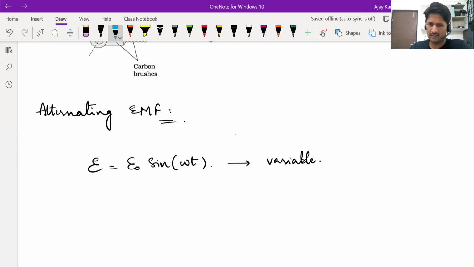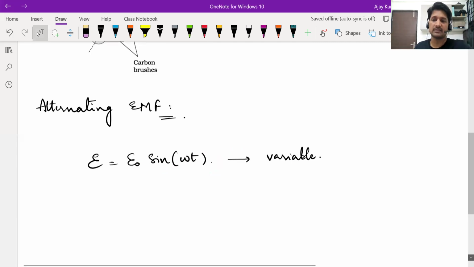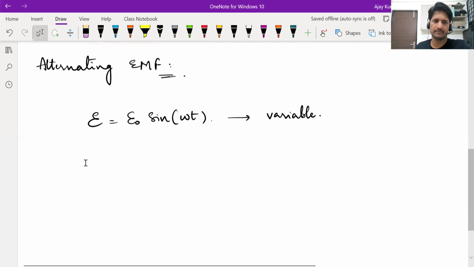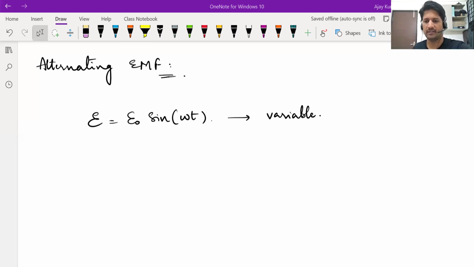Generally, from mathematics, you tell me, when does a sine function start repeating? Like after what interval does the sine function start repeating? So 2 pi, right? 2 pi, correct. That is the period of repetition of the sine function. Fine.